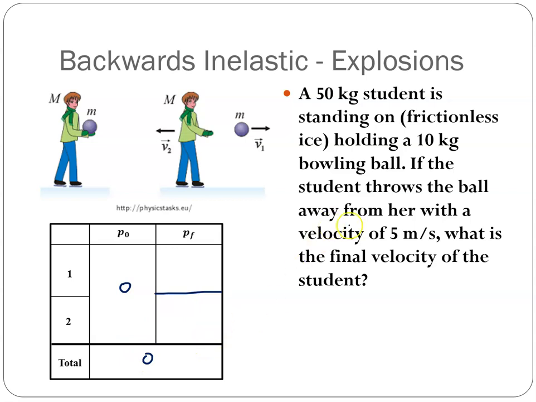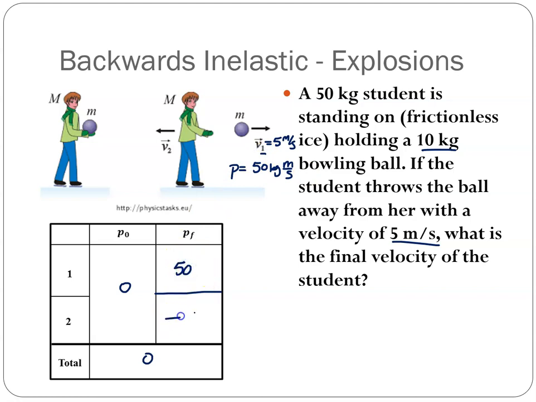Based on the information from the problem, the ball is moving with a speed of 5 meters per second. So we can calculate the momentum of the ball, which is 10 kilograms times 5 meters per second, or 50. So the ball, object 1, is 50.